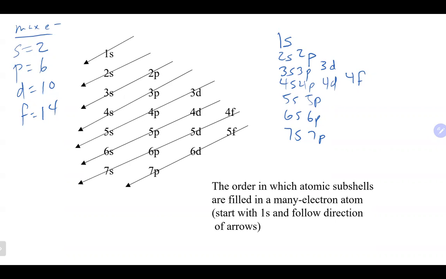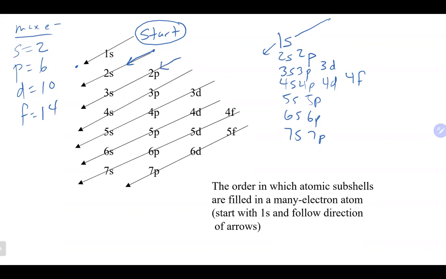How do we use this? By the way, we always start up on top here. So this is always where we start. Every time you're going to write an electron configuration, you start up here and just follow the arrows till you get to the end. Then you zigzag back and follow again this way to the end, and follow this way to the end.